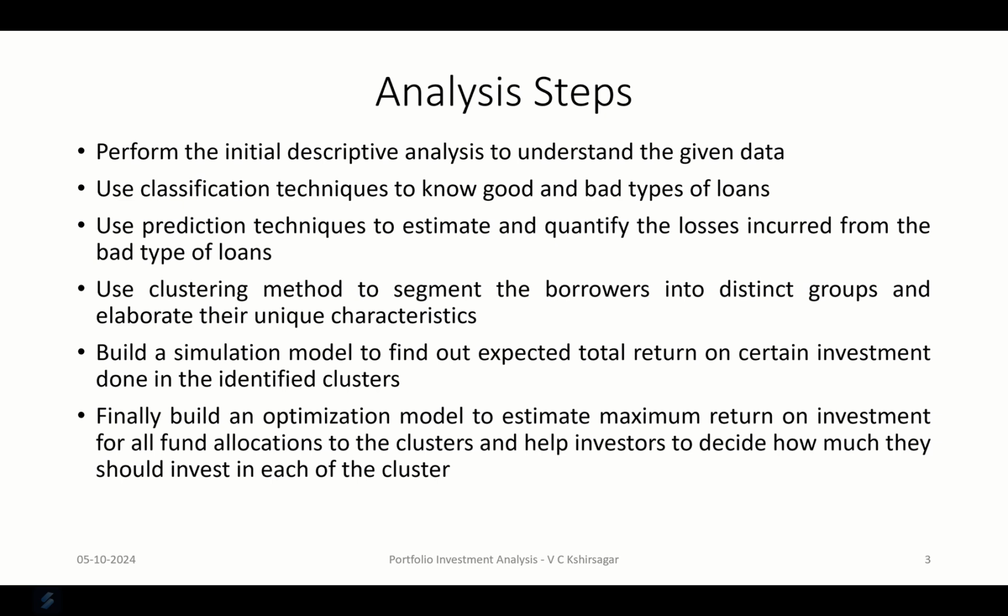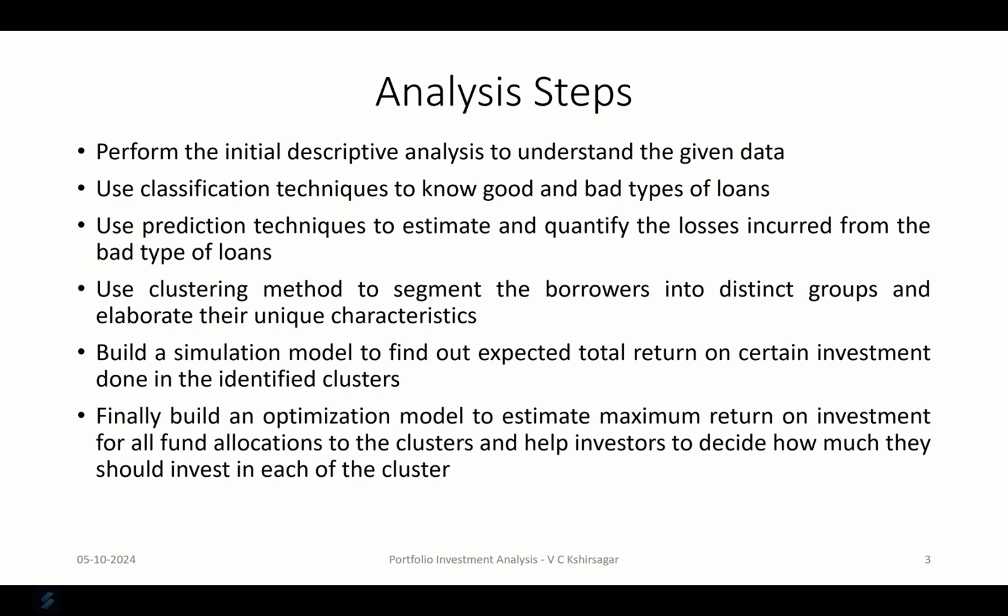Then the second step is to use the classification technique to classify the borrowers from the point of view of whether they will default or are regular, non-default type. Third step is to make use of a prediction technique to estimate the losses which will be incurred from defaulters.